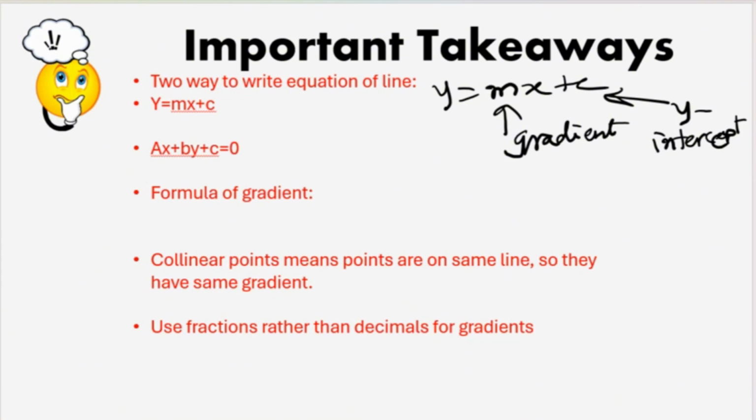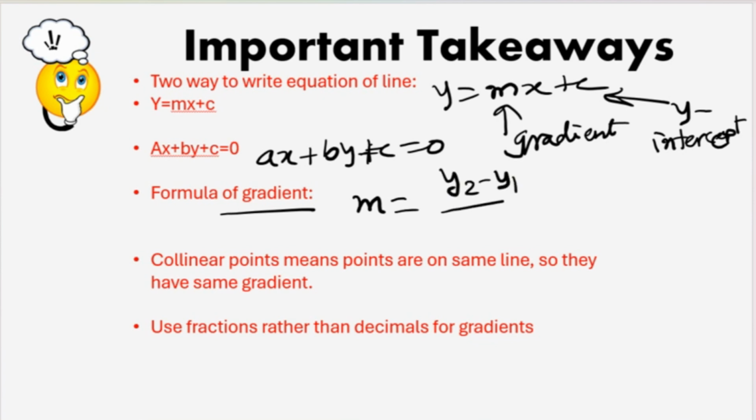Another way we can write it is ax + by + c = 0. So you can rearrange the formula in this way. To find a gradient, we have the formula m = (y2 minus y1) over (x2 minus x1).